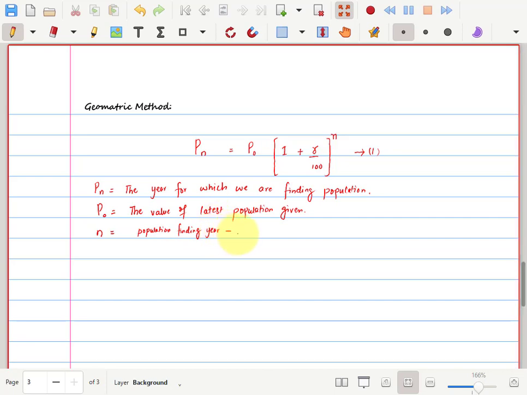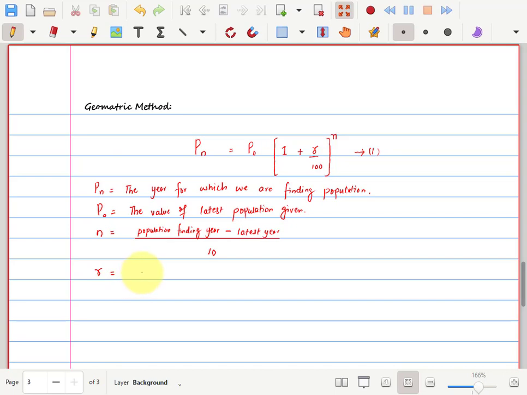Then we need to subtract that with the latest year given to us, and then divide that by 1 decade. 1 decade is 10 years, right? This is n.